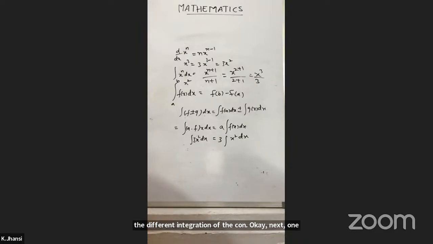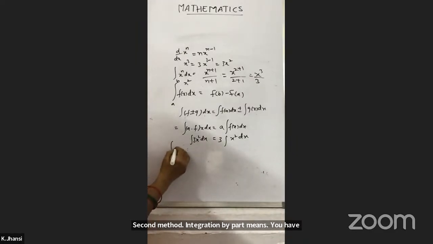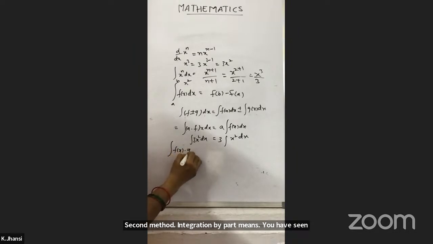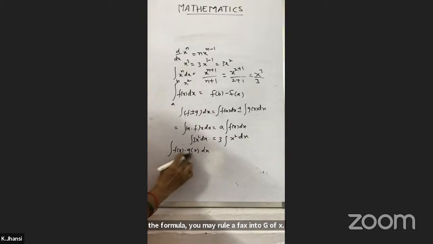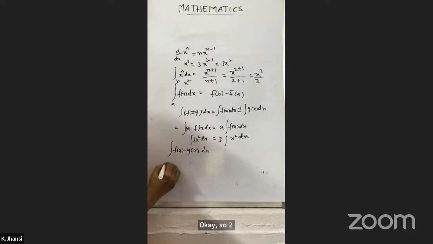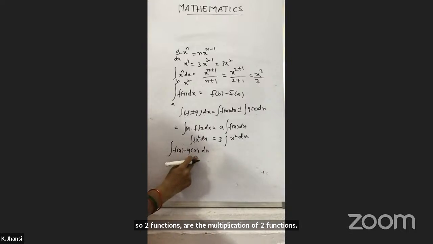Second method, integration by parts means you have seen the UV rule, no, f of x into g of x. Okay, so two functions are there, multiplication of two functions. So for this you will have the formula: అంటే f of x g of x ఉంది. So any one you have to take as constant.